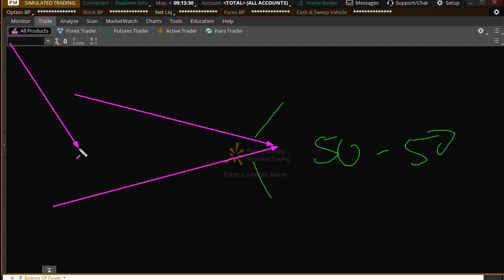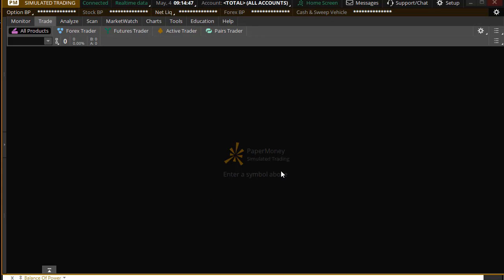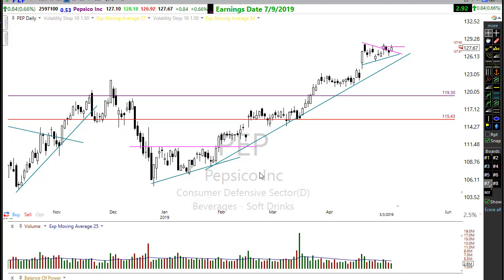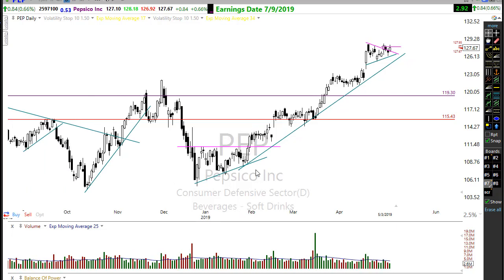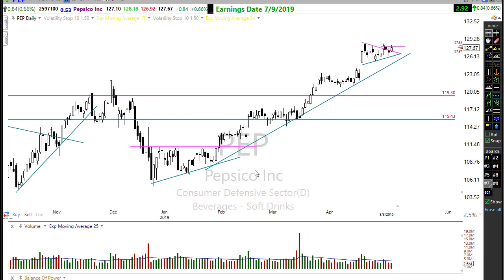Okay, so those can be a little bit trickier, but they're just as handy to watch, because they definitely will provide you with some good signals in trades. Now, what I will tell you is those symmetrical, you have to be a little bit more patient with those. Watch those really carefully in that chart and wait for the signal.